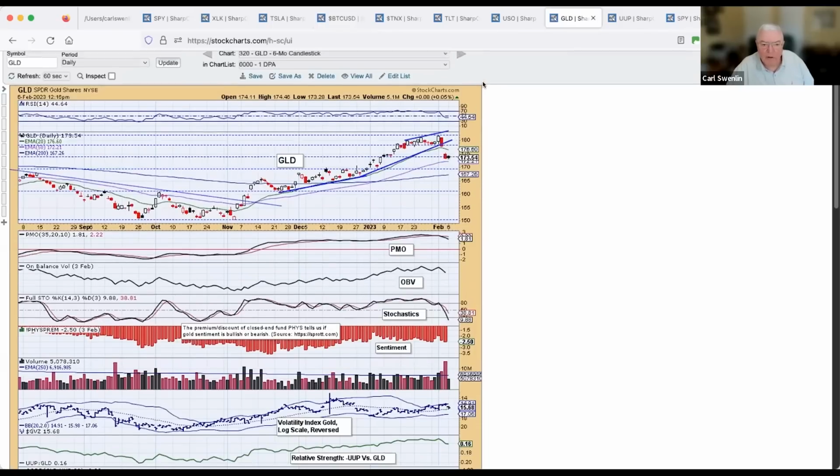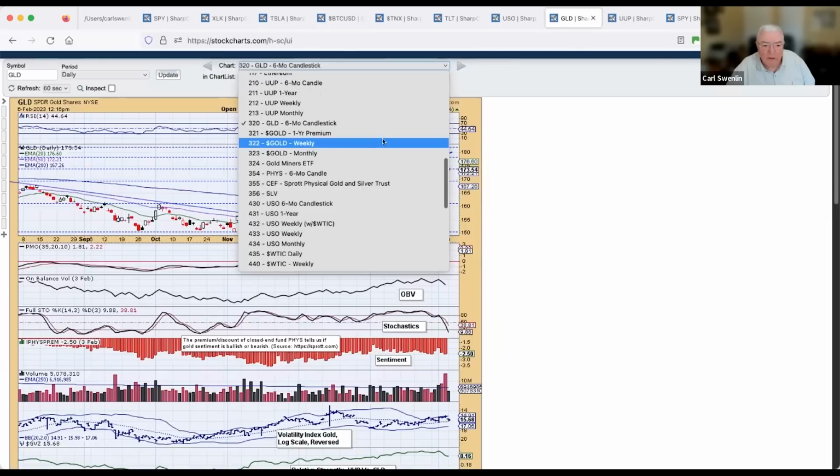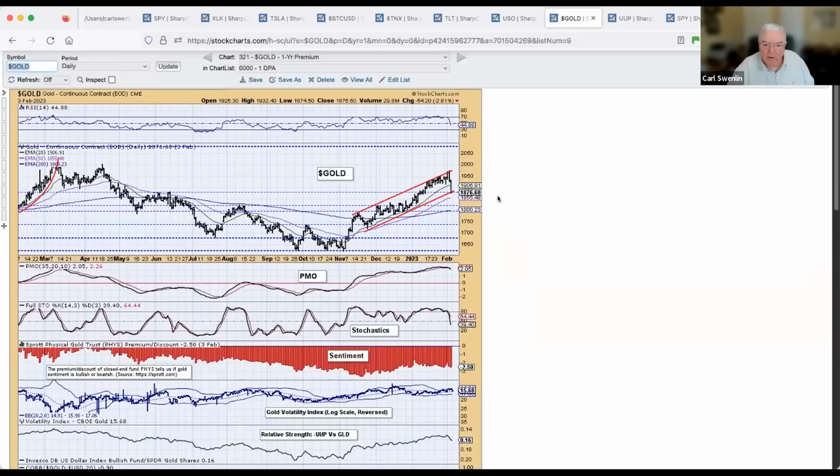If we look at the longer-term charts, let's see the 1 year. You see it's broken down. Now this chart doesn't update intraday. It's an end-of-day chart for dollar gold. And let's look at the weekly.